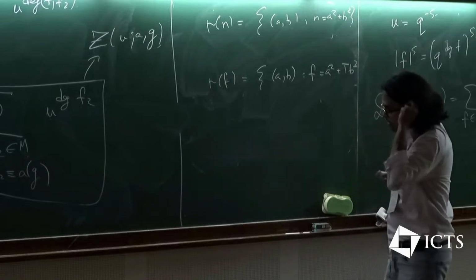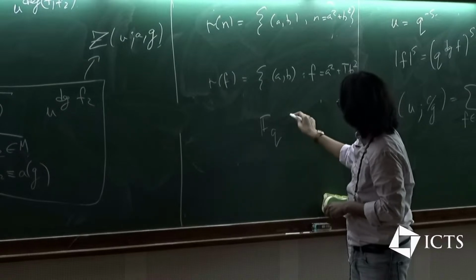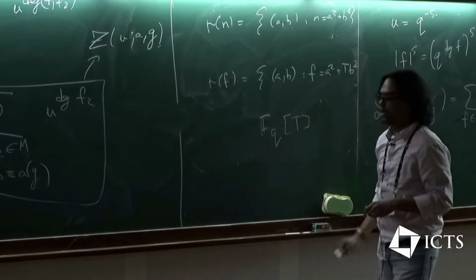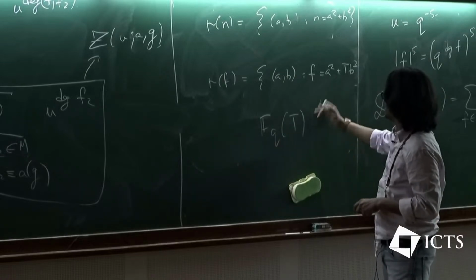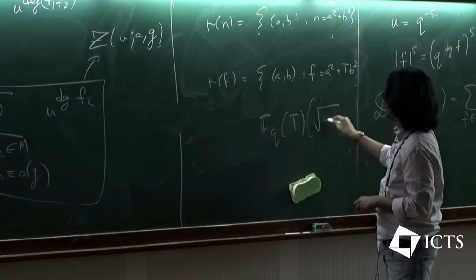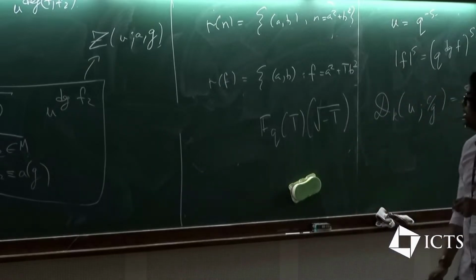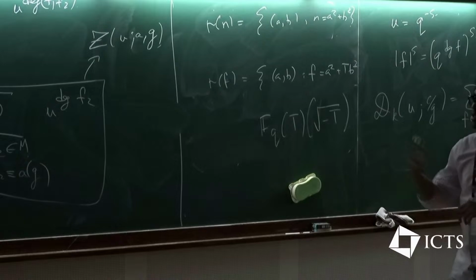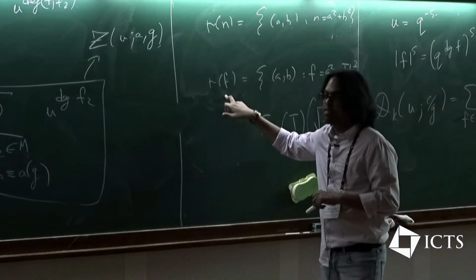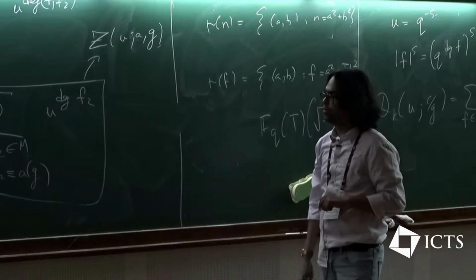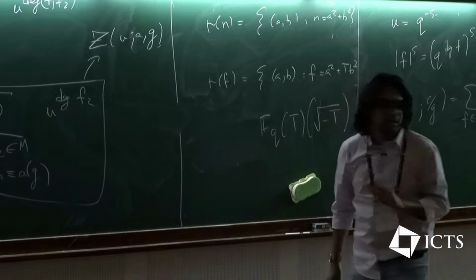So the field extension is FQ of t. This is your base field, and you're adjoining to it the square root of minus t. That's the analog of Q adjoin i in this setting. So this sort of idea also gives you Voronoi summation for RF, and you can use that to prove correlations for RF with itself or with something else.